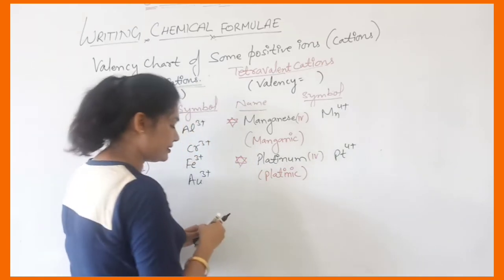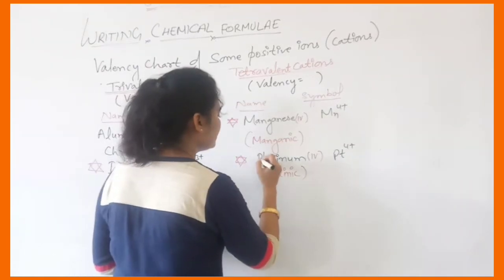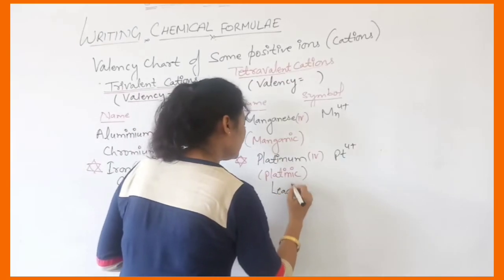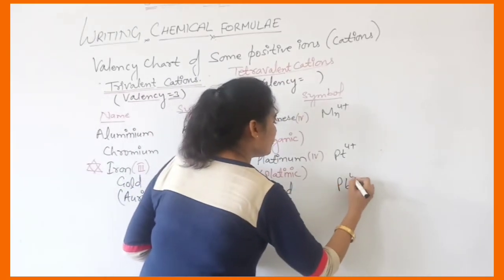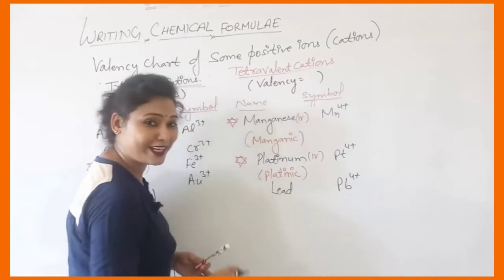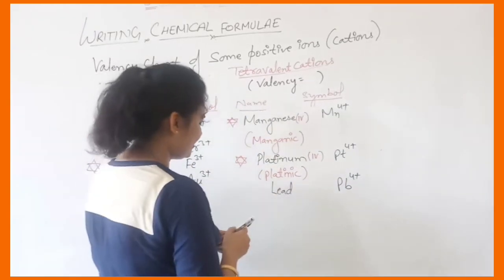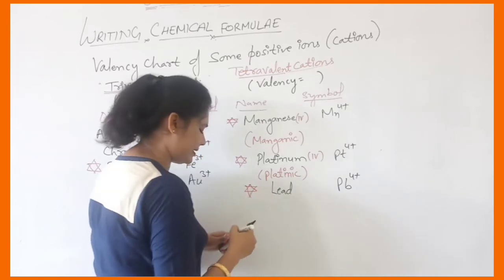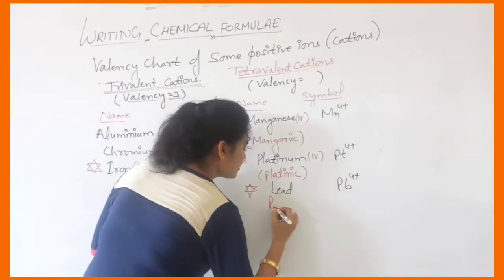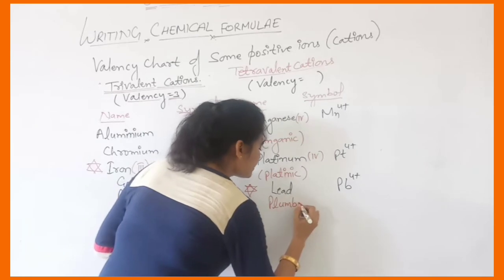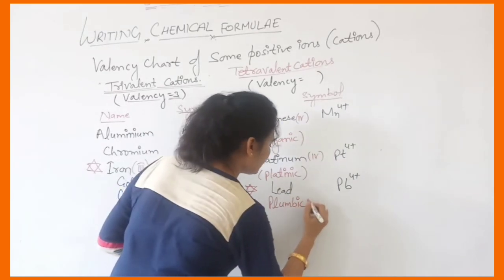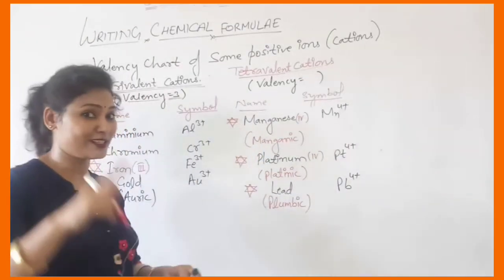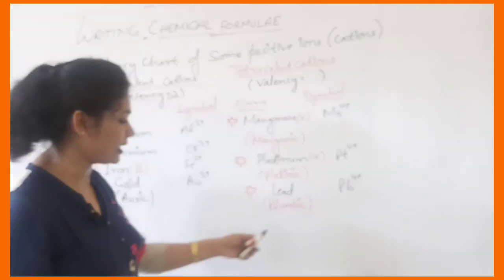Next we can write lead Pb4 positive. It has also variable valency, and we can make the star here because it shows variable valency, and the name is plumbic, because plumbous has two valency and plumbic has 4 valency.